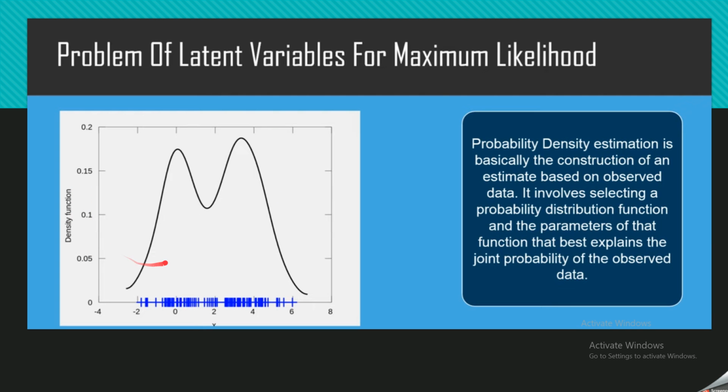And from there, we are trying to identify the parameters of that particular density function that best explain the joint probability distribution, because we are interested in finding the joint probability distribution. As you can see, we have two curves here for the joint probability distribution. So we are interested in those parameters of that probability density function that help us identify the joint probability of the observed data.